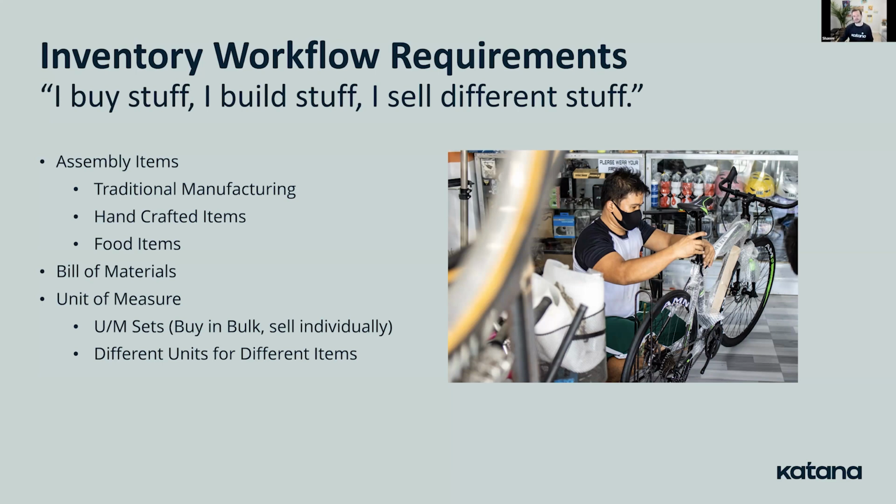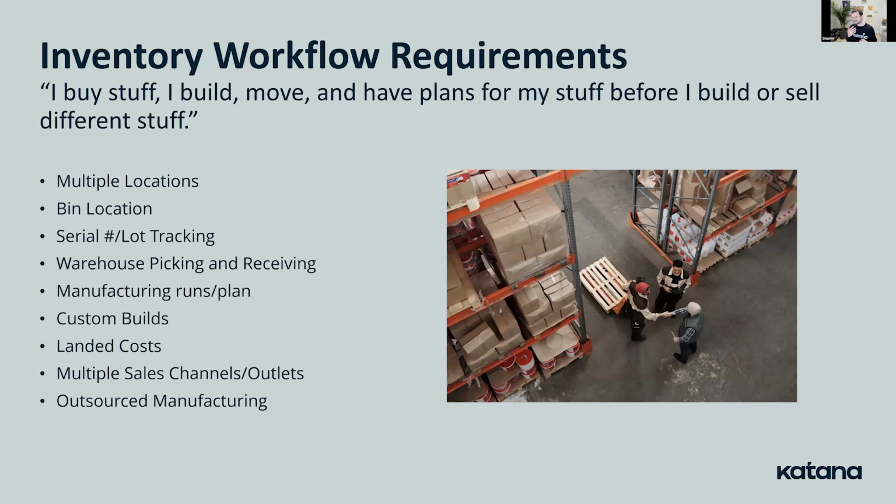And I think that's where we get into this next slide, where you have what we were talking about previously, maybe a standard bill of material. They're taking some products and making a finished good, and maybe there's some unit of measure conversion. But as you go further down that complexity chain, you start to get into businesses that have multiple locations.